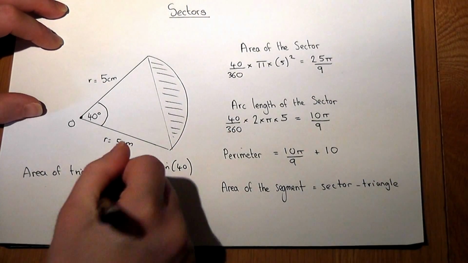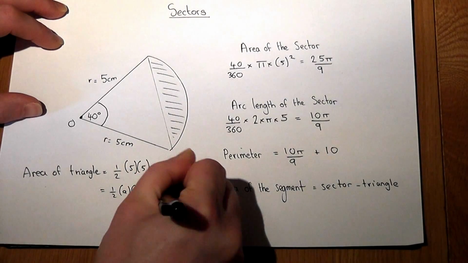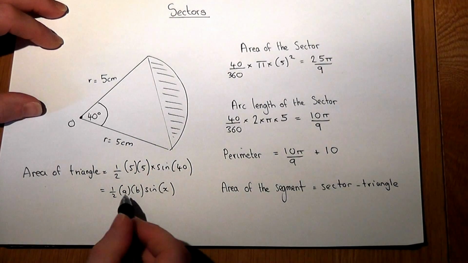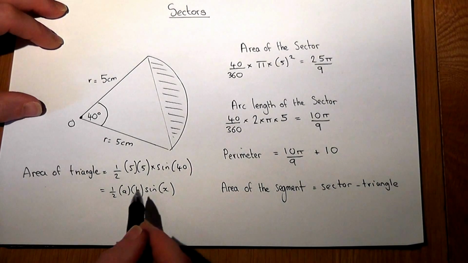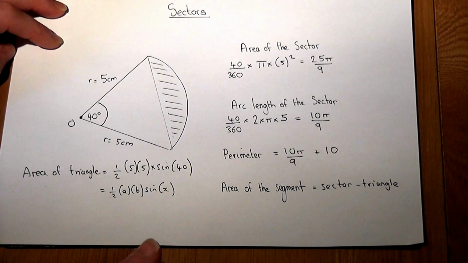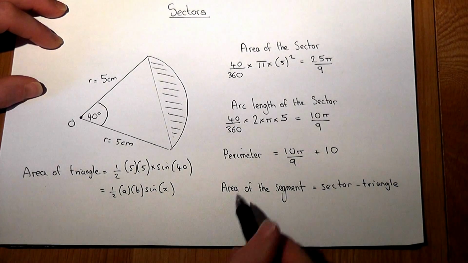More generally, it's given by a half a b sine x. Again, if you know 2 sides and the angle contained within the 2 sides, that's a general formula for the area of a triangle.